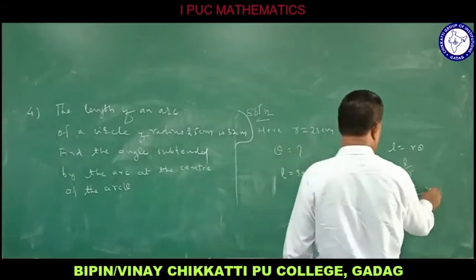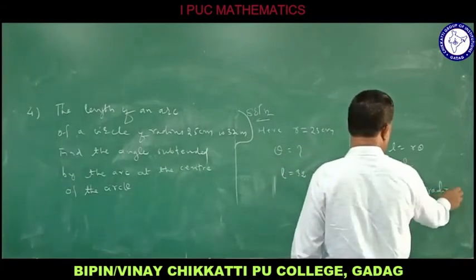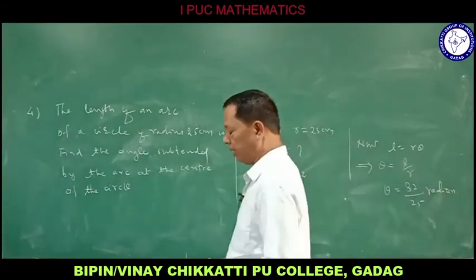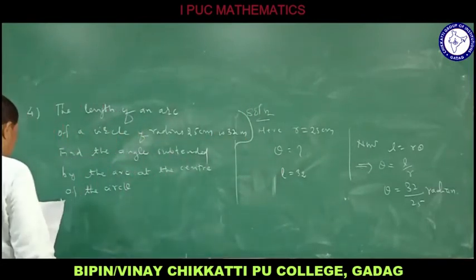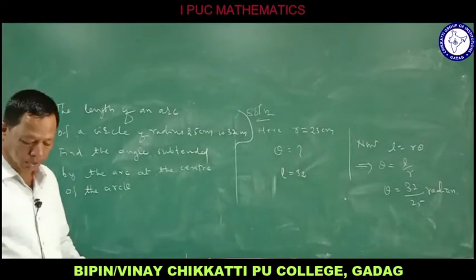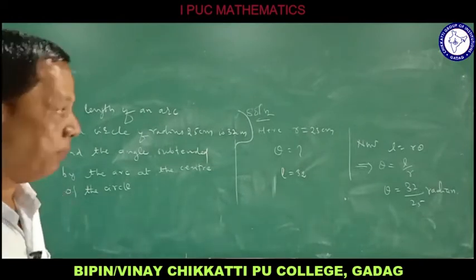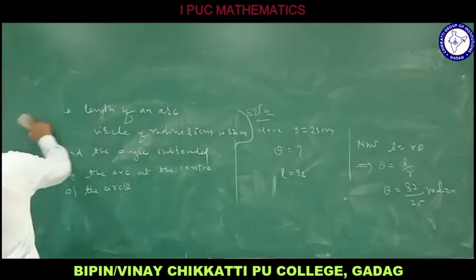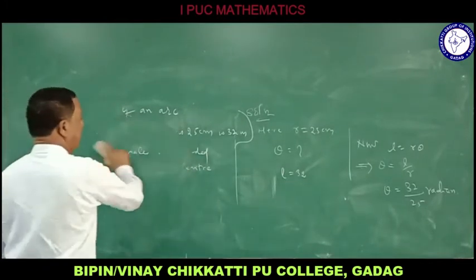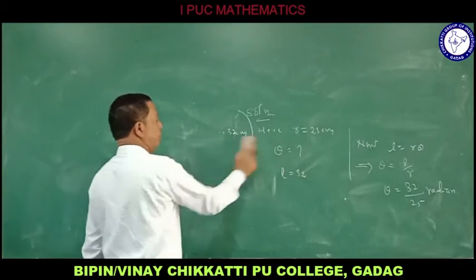This is in radians. So this is the way, because it is not asked in degrees, you can write the answer like this. And now I want to see other problems, very simple but tricky questions you will see in CET. That's why I am writing these questions for you.